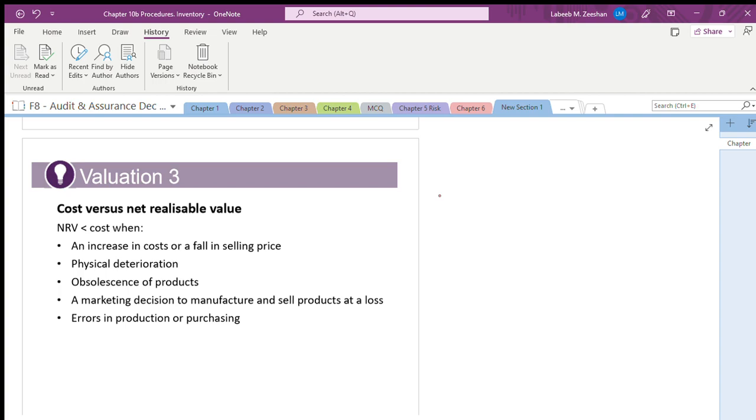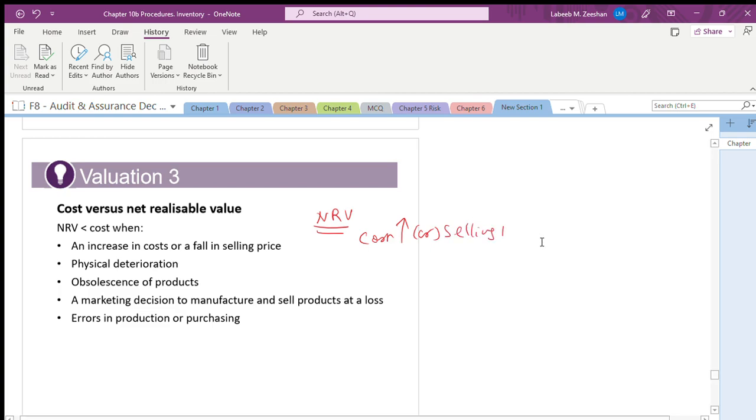An increase in cost or a fall in the net realizable value. When net realizable value is less than cost, it means an increase in cost or a fall in the sale price. Net realizable value is nothing but either the cost is increasing or the selling price is decreasing.